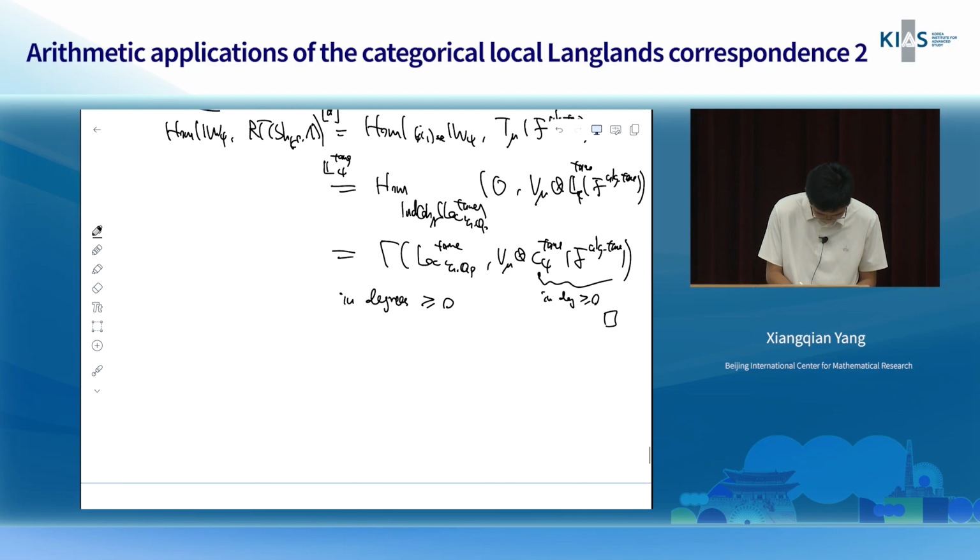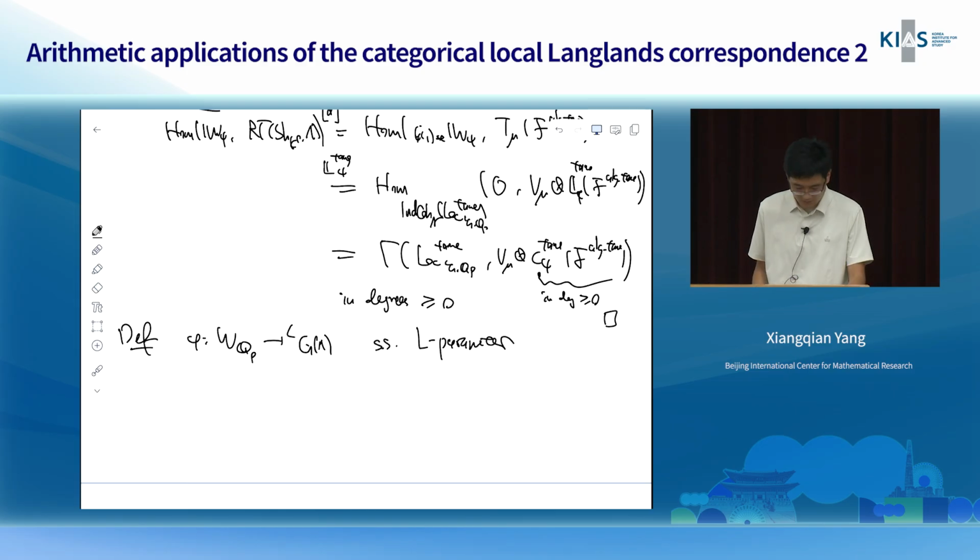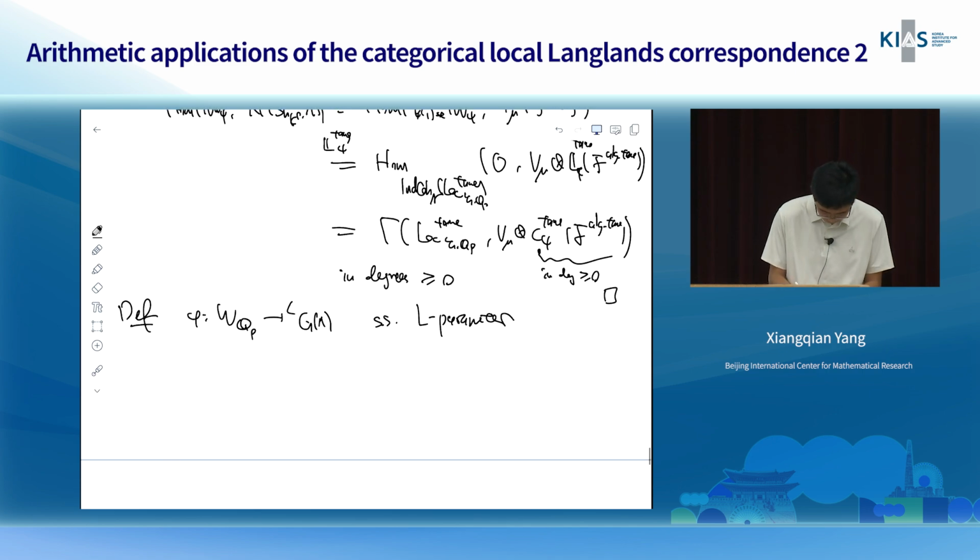We can also say something about this. So we can define: if φ is from the Weil group of Q_p to the Langlands dual group Λ, a semisimple L-parameter, we can consider its Levi support, like φ_M.